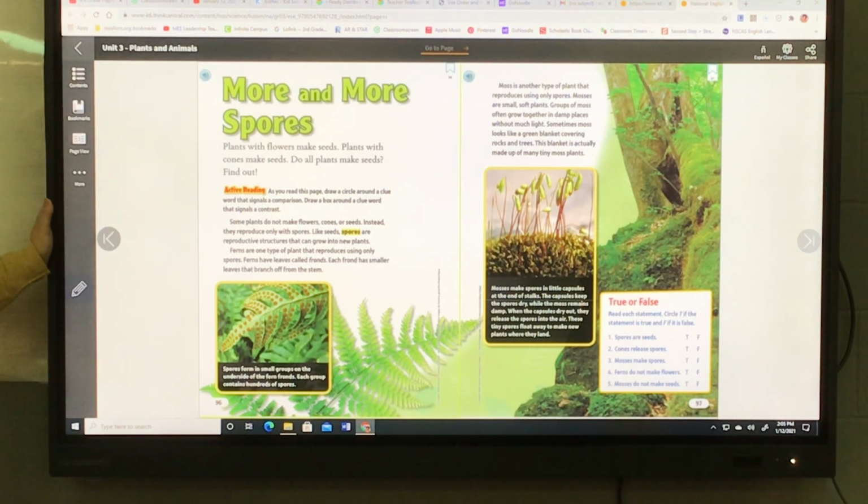Like seeds, spores are reproductive structures that can grow into new plants. Ferns are one type of plant that reproduces using only spores. Ferns have leaves called fronds. Each frond has smaller leaves that branch off from the stem.